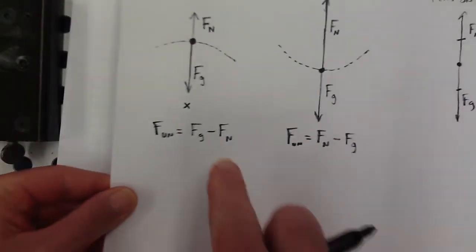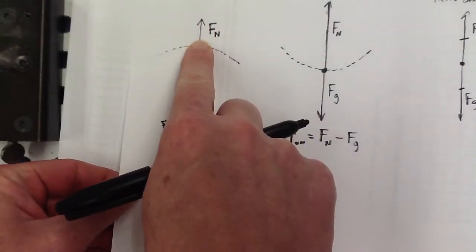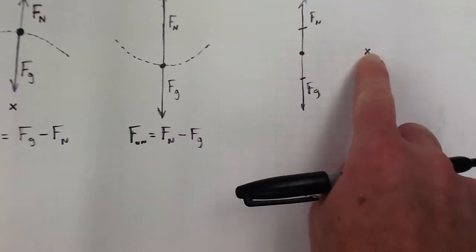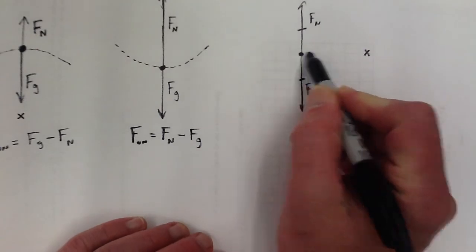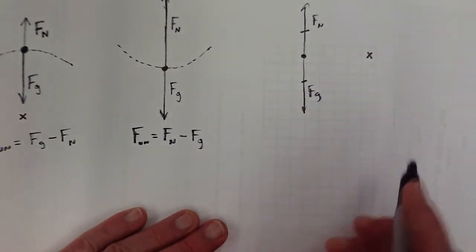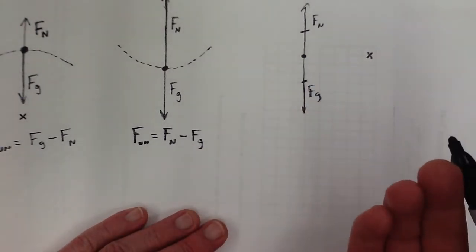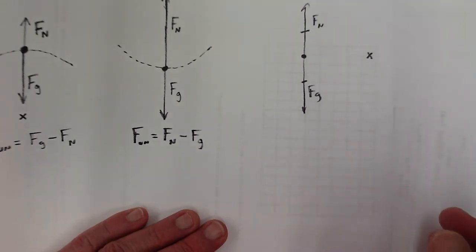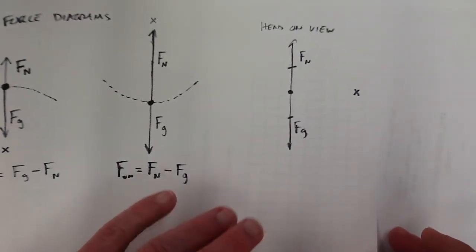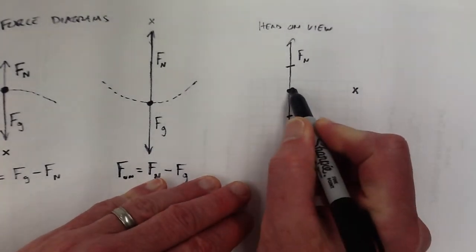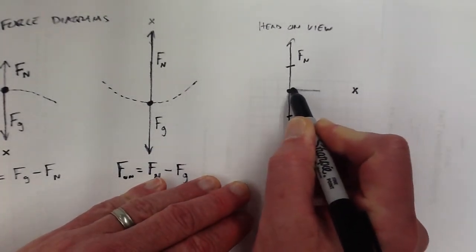If the center of the circle is down here, then the normal force would be smaller. Here the center is over here on the side. So what is the unbalanced force? Like, what is pointing toward the center? There's got to be something, because, as you know, your car can actually turn in a circle. So what is it? Well, it's the friction force.